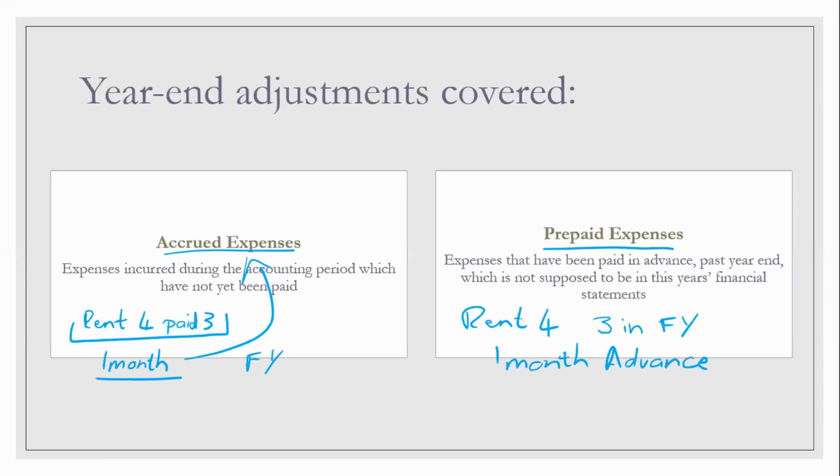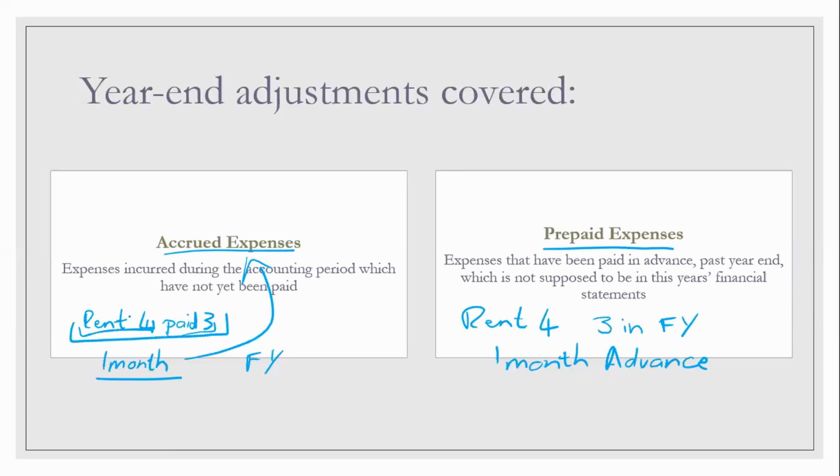Now, the matching principle ensures that incomes and costs incurred in generating incomes or creating expenses are recorded in the same accounting period. So we cannot have rent for 4 months that we only paid for 3 because we incurred the 4 months, not just the 3.